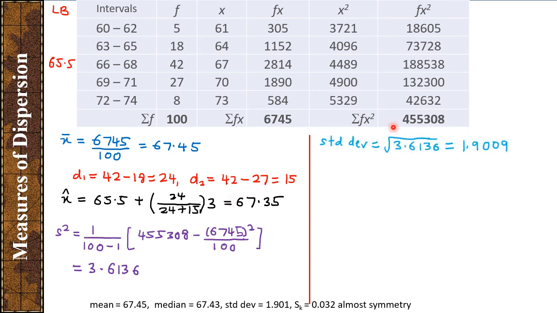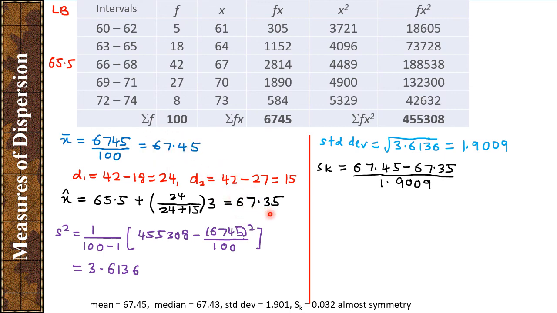And when we find the standard deviation, we got 1.9, which in my opinion is already very small. So we can predict when we find the Pearson skewness. For Pearson skewness, we already found the mean and mode, both of them are 67, right?